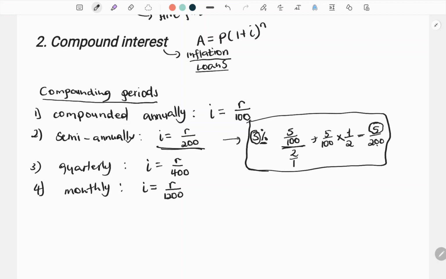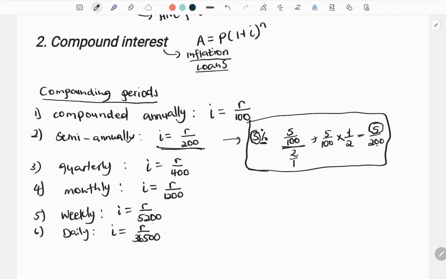Number 5, they can say weekly, then your I is going to be R over 5200, because you've got 52 weeks. Then they can say daily, you've got 365 days, so you say R over 365.